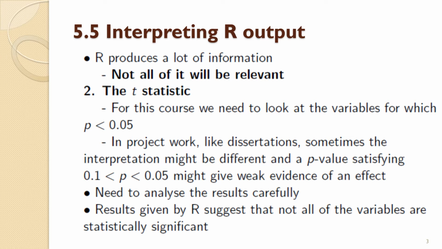And the second thing is the T statistics. For this course, you tend to just look at the variables for which p is less than 0.05, and that's certainly a nice way of setting exam questions on a formal written exam. In project work, however, this sometimes gets a little bit more nuanced, and the interpretation can be quite different. You might, for instance, find a p-value satisfying p bigger than 0.05 but less than 0.1, which might give you weak evidence of an effect.